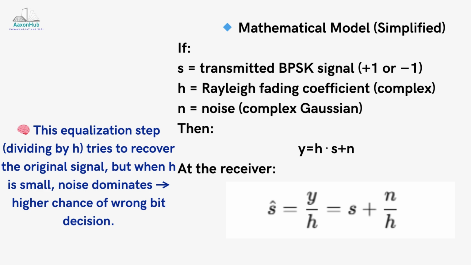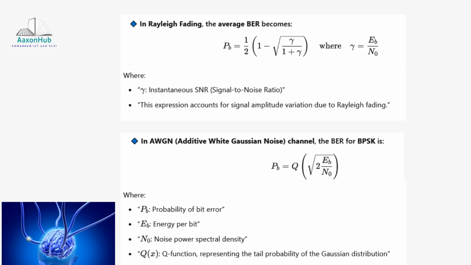Now for the bit error rate, BER, we compare Rayleigh fading versus additive white Gaussian noise, AWGN, where no fading is present. For AWGN, the bit error rate expression is Pb equals Q of the square root of 2 Eb by N0. For Rayleigh fading, the equation becomes Pb equals half of 1 minus the square root of gamma divided by 1 plus gamma, where gamma is the ratio of Eb by N0.